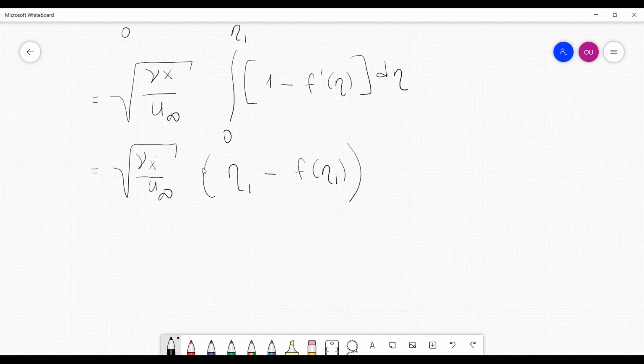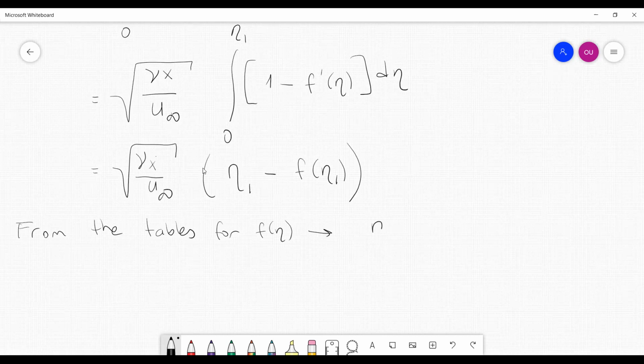Okay. And from the tables for f of eta, one can note one important concept.